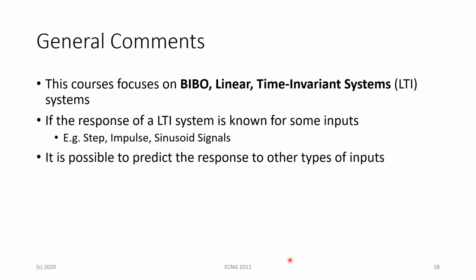And those four signals that we saw that are useful for analyzing signal and system characteristics, being our step, impulse, sinusoid and ramp signals, actually help us if we have our system characterized as BIBO linear time invariant. It becomes very possible to predict the response of the system to other types of inputs, making our analysis quite easier to conduct.